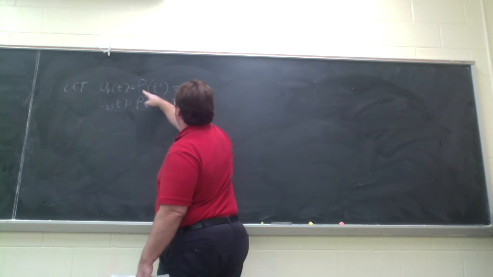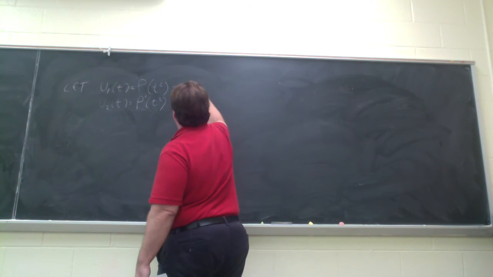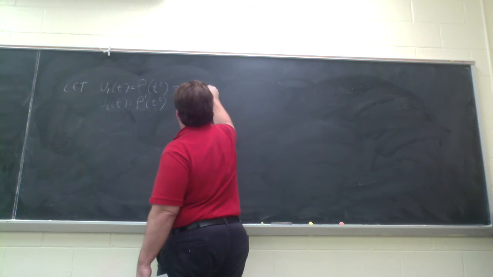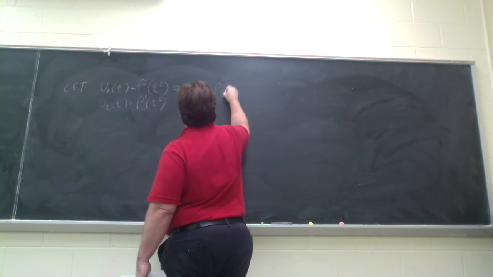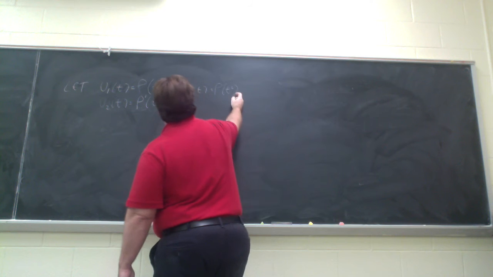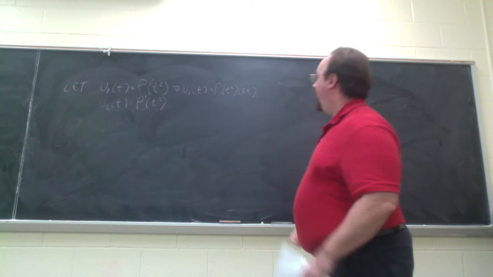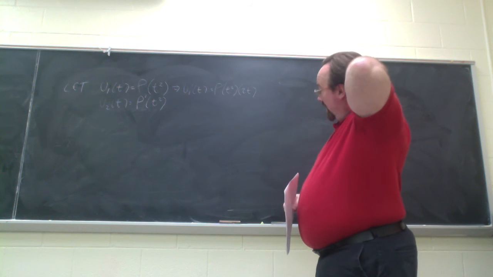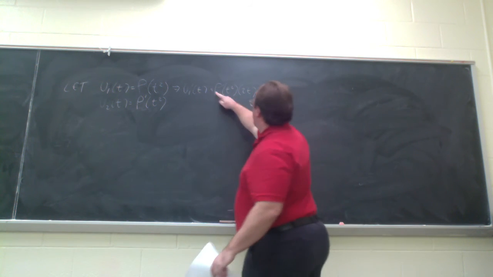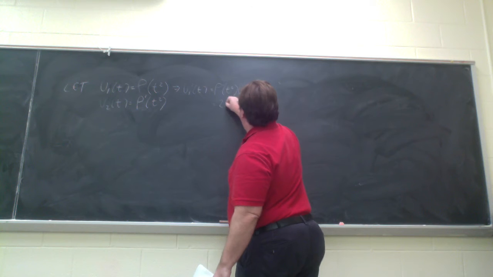If I differentiate this first equation, u1 prime is going to be p prime of t squared times 2t. But this p prime of t squared, that's u2.